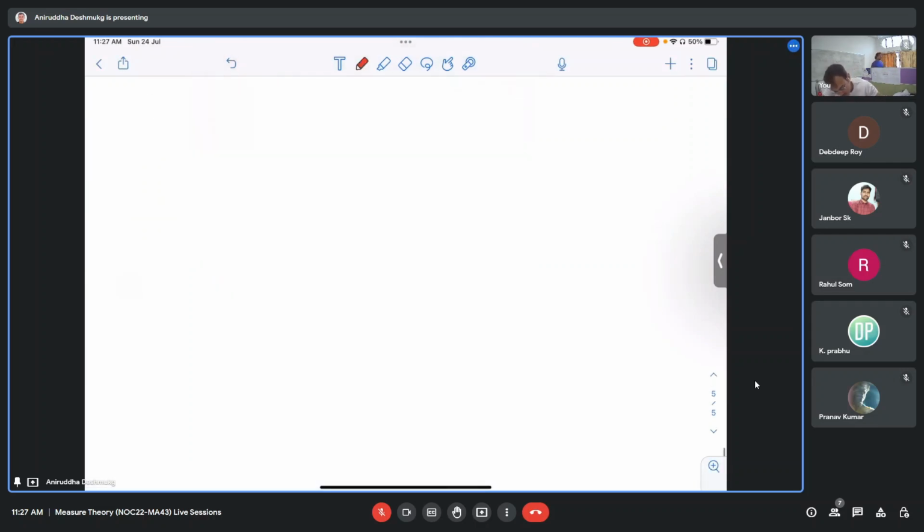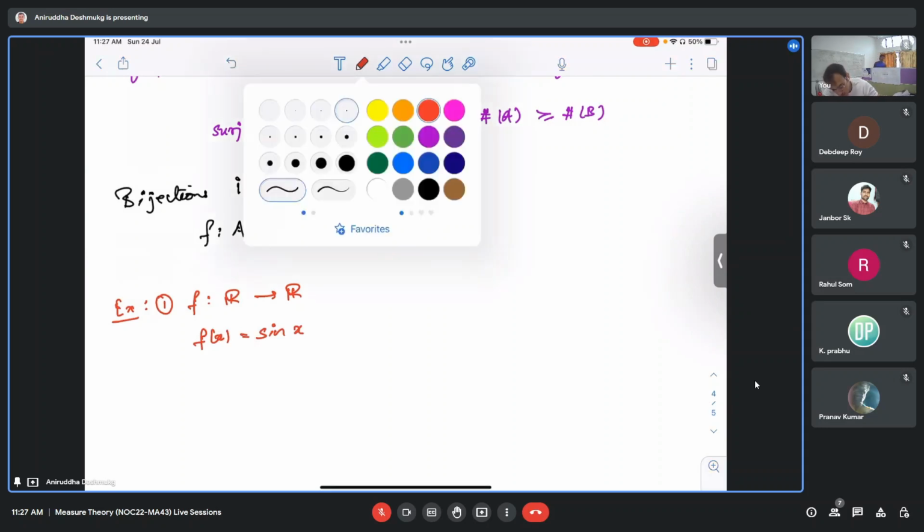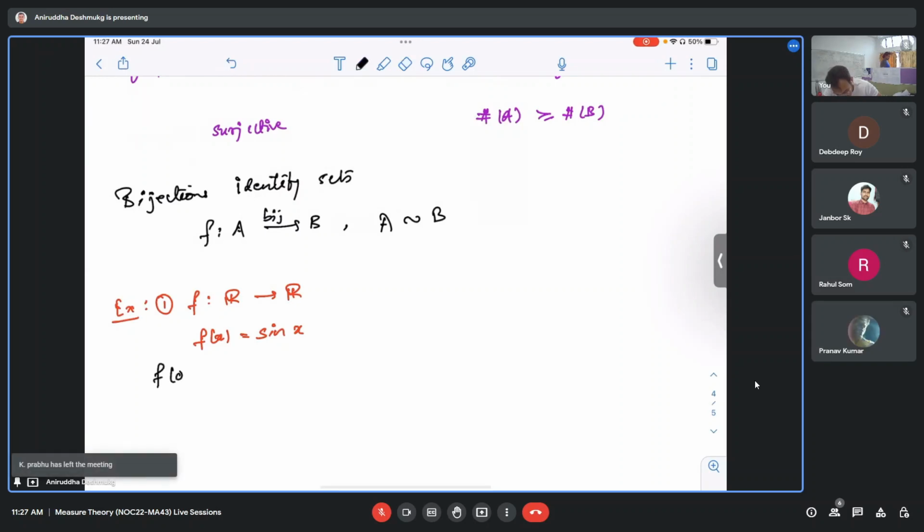So let us first look at this function from R to R. Let us look at f(x) is equal to sin x. So this is the most common example, right? Now notice that here we have f(0) and f(π) are the same.